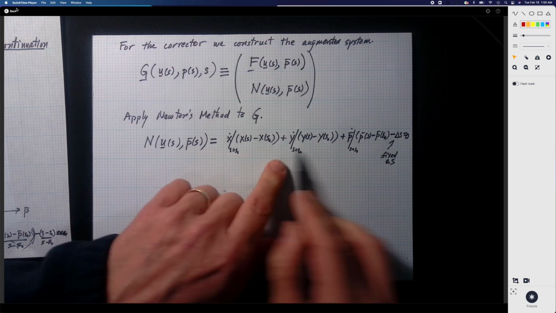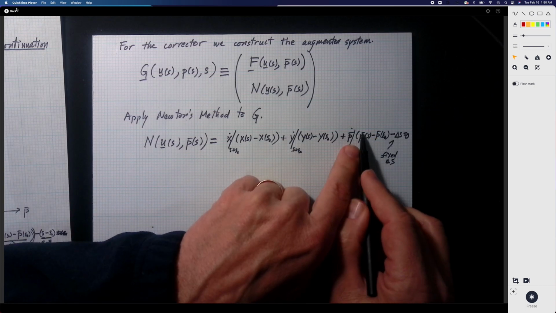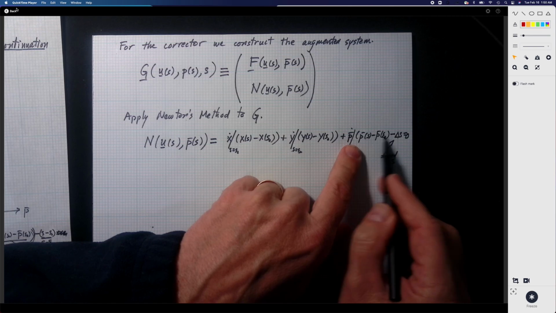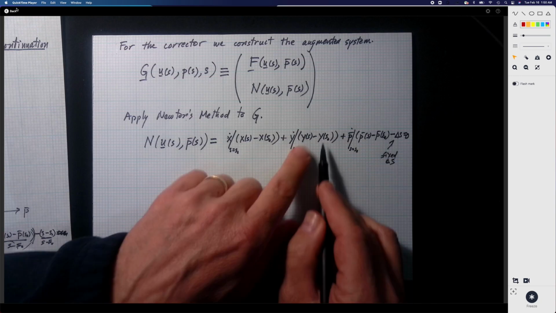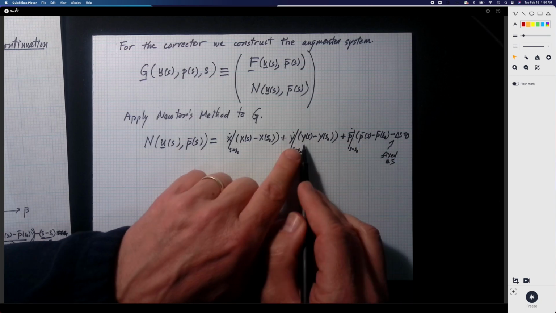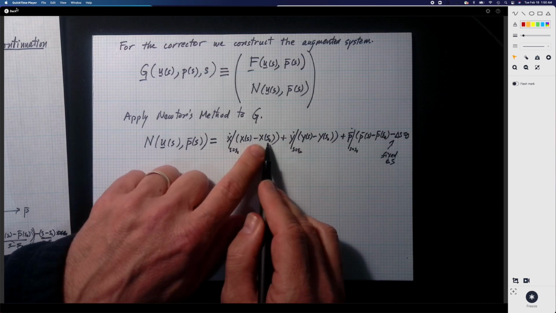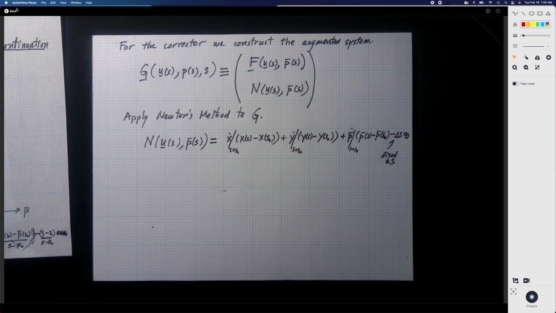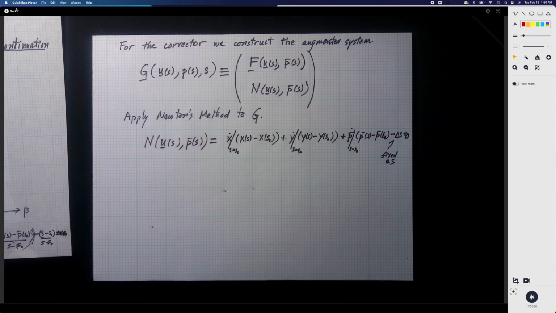So we can compute all these things from the predictor, and then the new p will be a finite difference away from the old one, because we insist that delta s not be 0. And to be consistent, we'll have to have a y which is different than the previous one, and an x which is different than the previous one. And this is what's going to allow us to negotiate around the turning points.